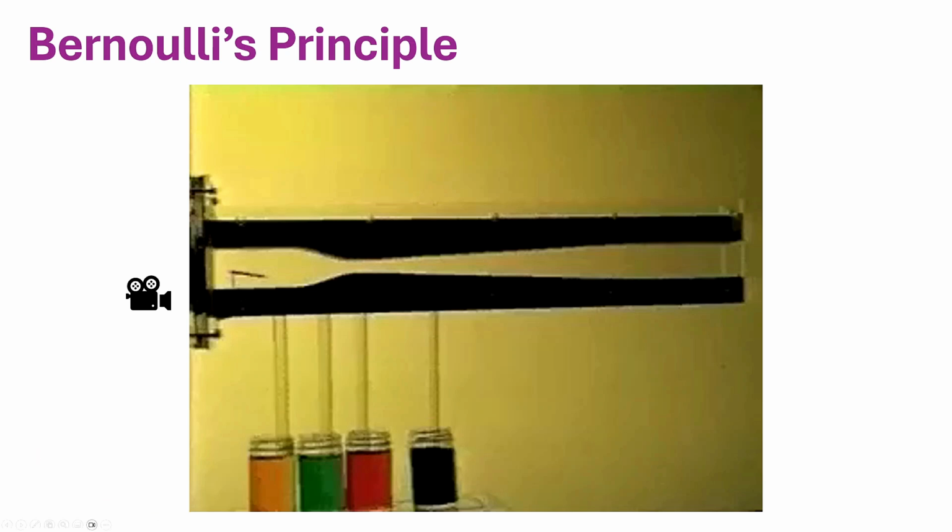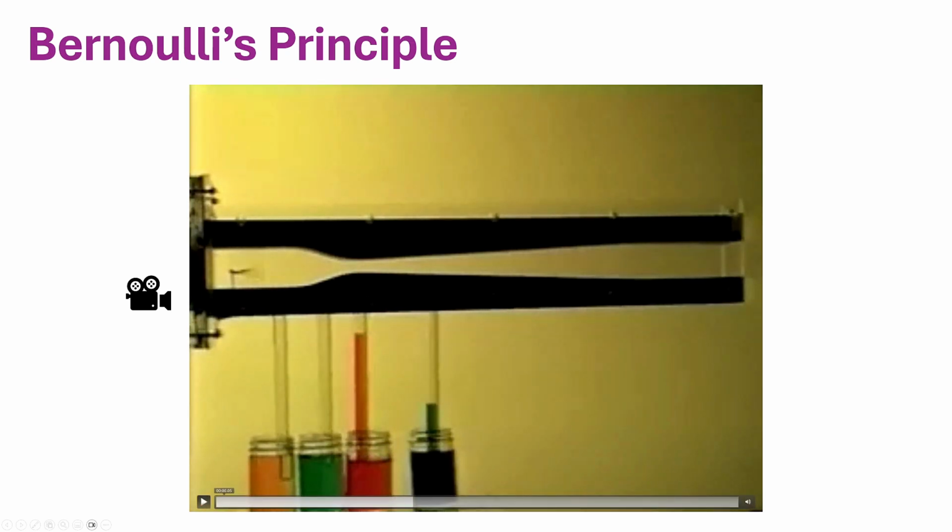Let's watch a video. So what is happening here, as you can see, the cross-sectional area here is smaller than here and here. So as the air is blown from left to right, the velocity of the air increases here, and based on Bernoulli's principle, as velocity increases, pressure decreases.